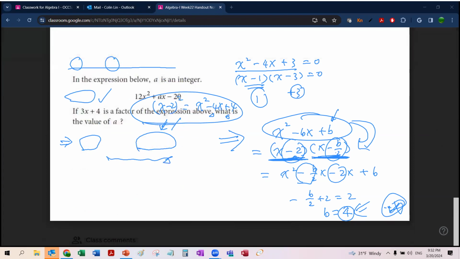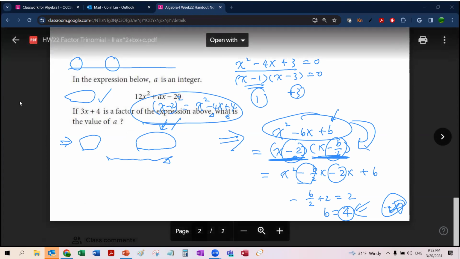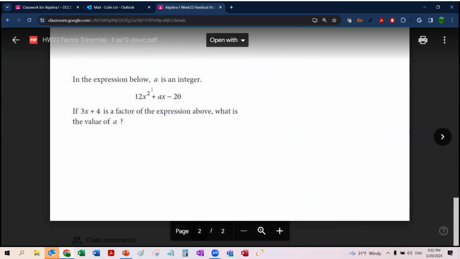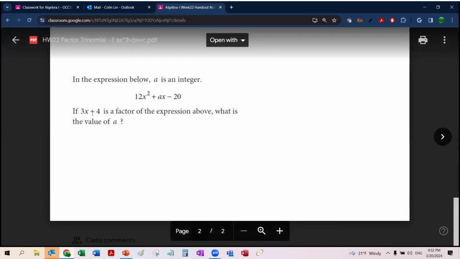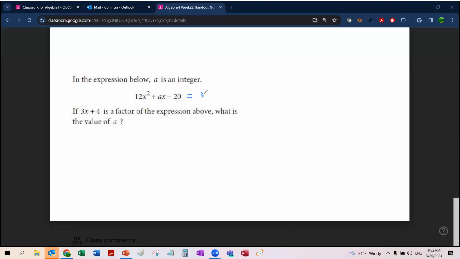In the expression below, a is a whole number, all right? If 3x plus 4 is a factor of the expression above, what's the value of a? So it means this part can be factored into 3x plus 4 and the other factor, right?